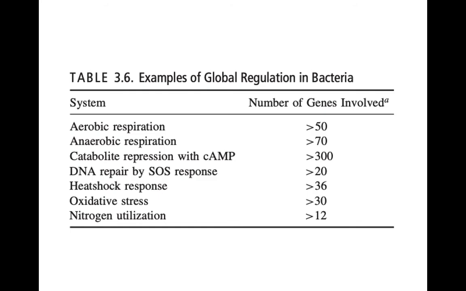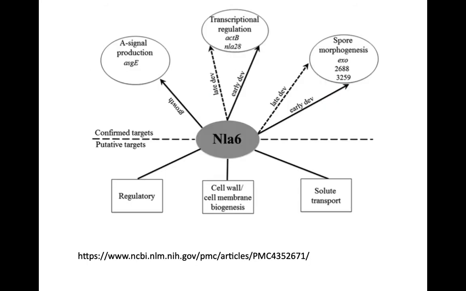Now, as promised, I will be discussing a specific case of regulon. In the bacterium Myxococcus xanthus, which is a predatory microbe, starvation triggers the formation of multicellular fruiting bodies that contain thousands of stress-resistant spores.